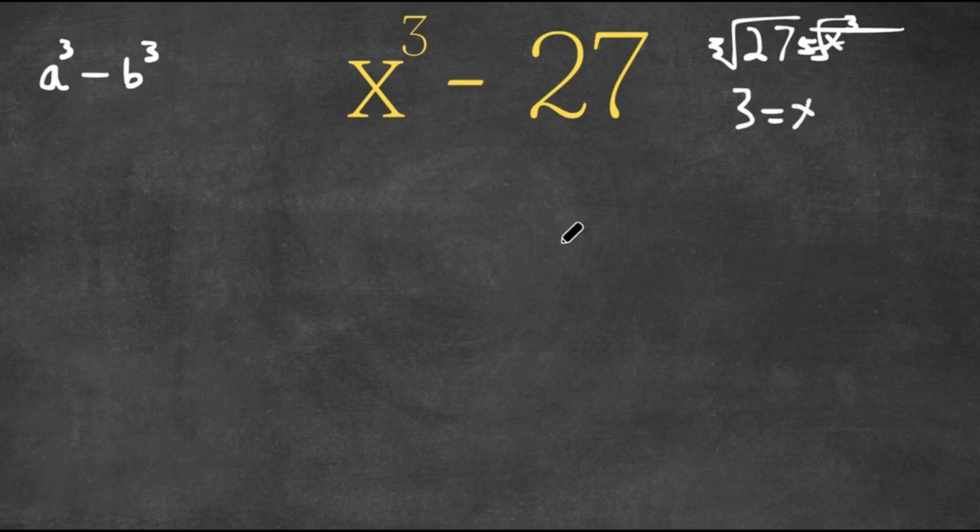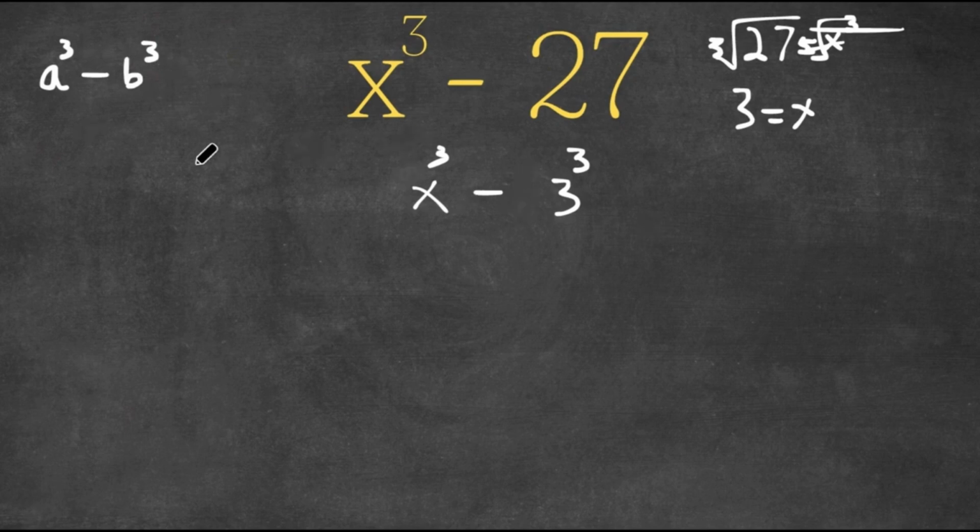So 3 to the power of 3 is 27. So now I'm going to replace 27 with 3 to the power of 3. So now we have x to the power of 3 minus 3 to the power of 3. And now, as you can see, this fits this form.